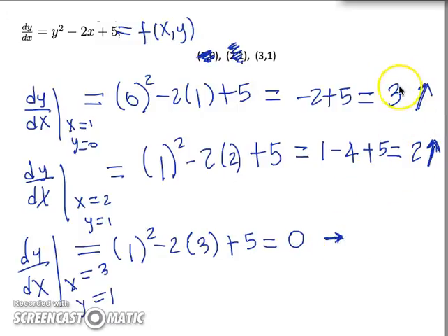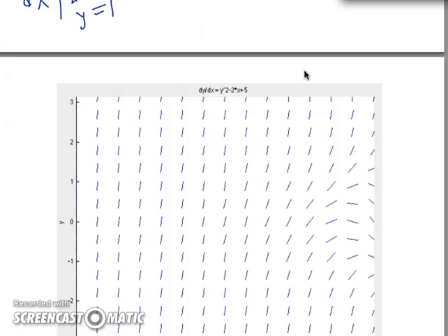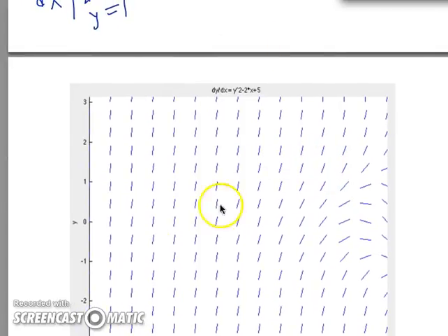So with these evaluations, we obtain a positive value, positive slope, positive value, positive slope, 0, which is a flat line, the slope of a flat line, horizontal line. And so the idea is that we could continue this evaluation in many, many points in the two-dimensional plane. And so that set of points in the two-dimensional plane, if we were going to do this consistently, would look like this.